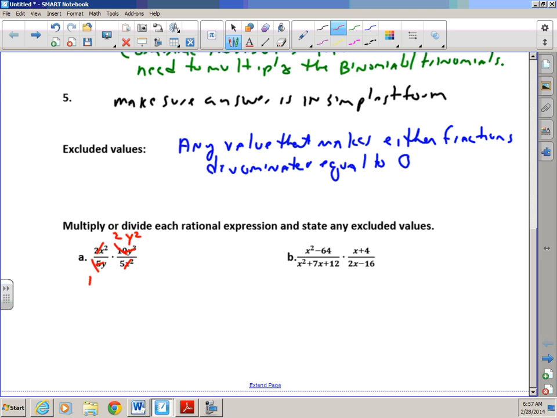What's important is you've got to be able to see what it is you've actually done here. So I have a 2 and a 2 for 4y squared, and everything in the denominator cancels, so it's a 5. What are my excluded values? Just 0.